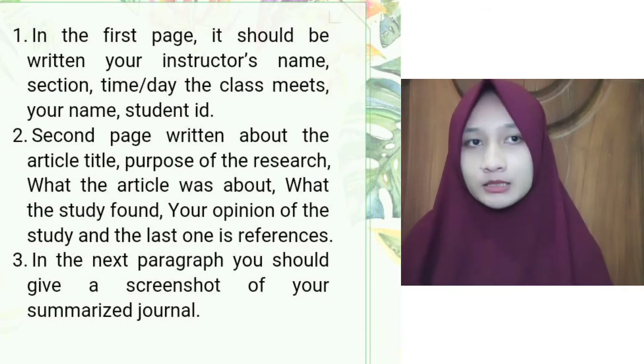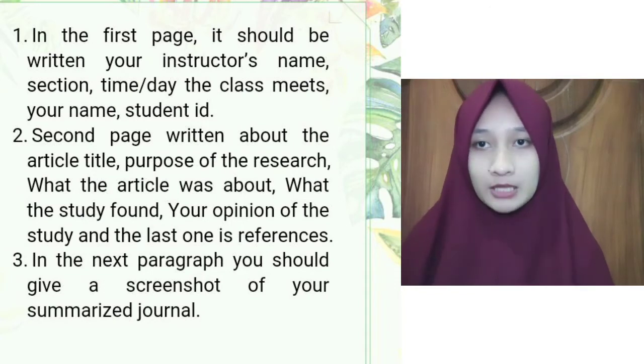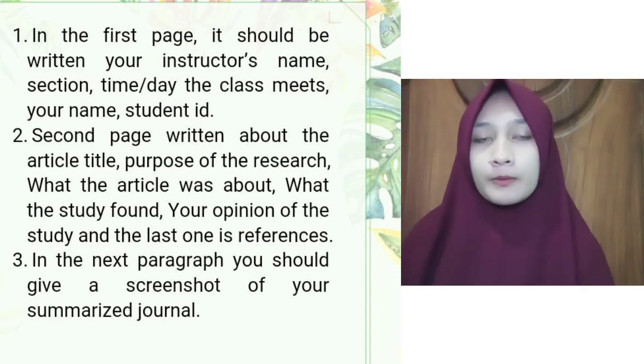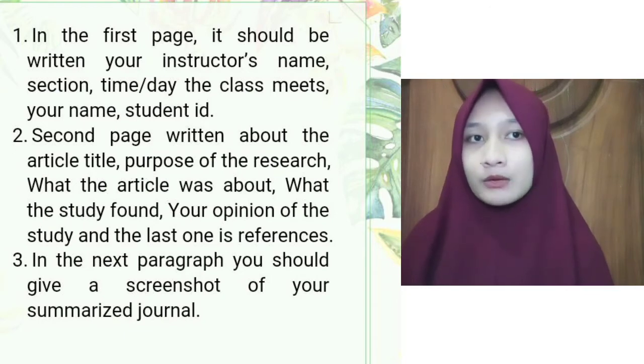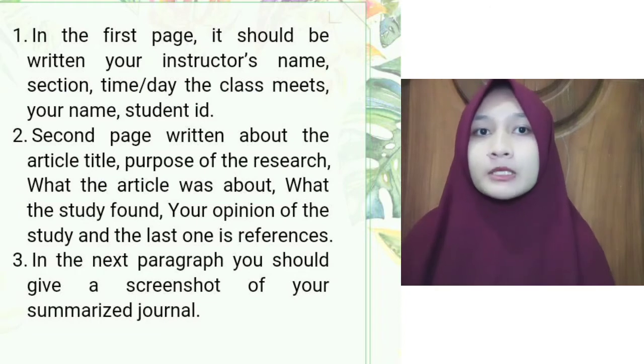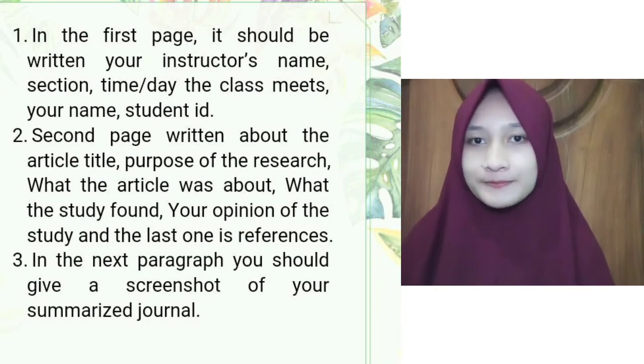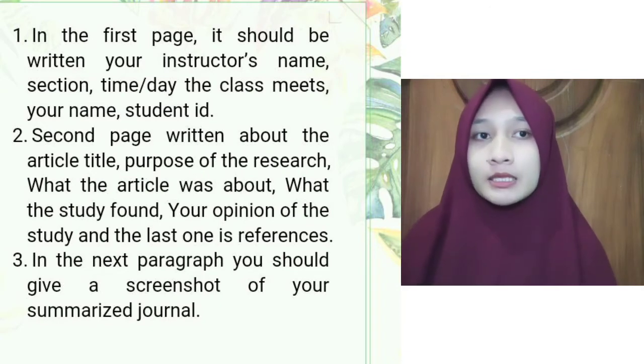The second page is written about the article title, purpose of the research, what the article was about, what the study found, your opinion of this study, and the last one is reference. And third, in the next paragraph, you should give a screenshot of your summarized journal. And this is my summary.